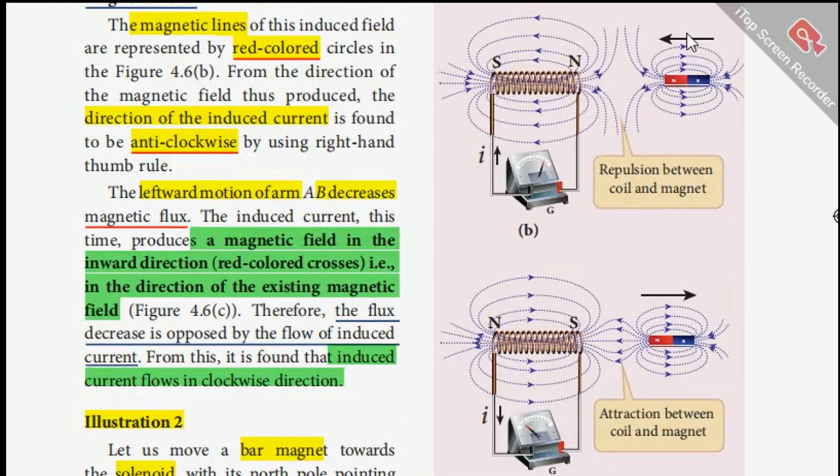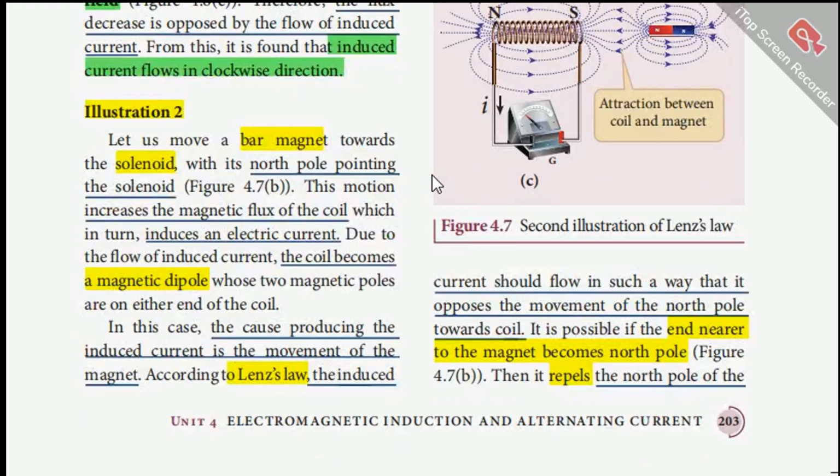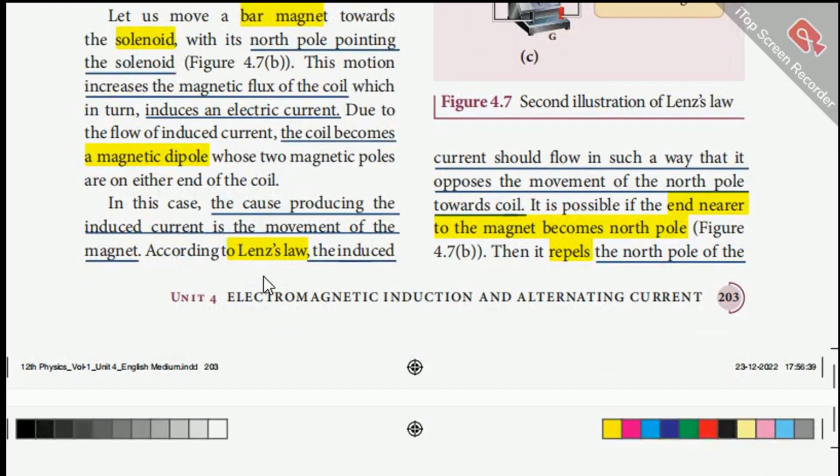So the north pole of the magnet is pointed towards the solenoid, and according to Lenz's law, this induced current will flow in such a way that it opposes the movement of the north pole towards the coil, because here the motion of the magnet increases the magnetic flux of the coil, which in turn induces an electric current. Due to this flow of induced current, the coil becomes a magnetic dipole, whose two magnetic poles are on either end of the coil.